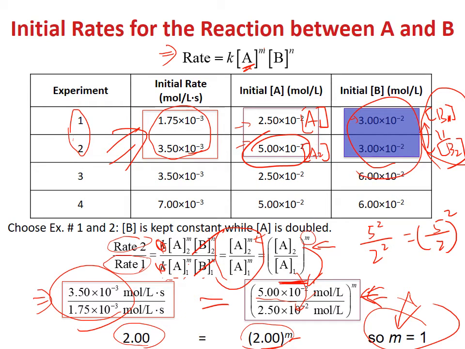By keeping B constant, in this equation, we can ignore B. We just look at A and m. By comparing in theory how the reaction rate changes with the data from experiments, we can find the power m, the order of concentration A.